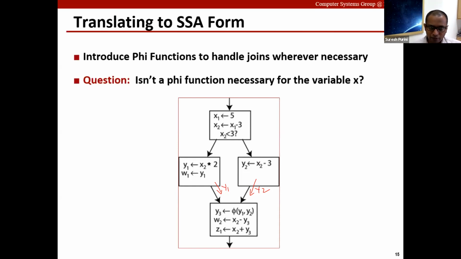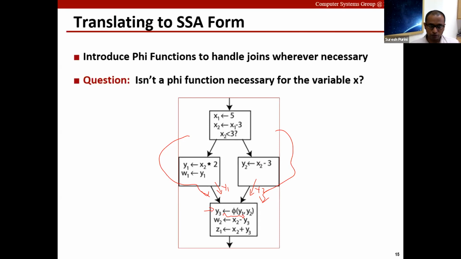When the program gets executed, if the control comes like this, then the value of the phi function is y1. And if the control comes like this, then the value of the phi function is y2. Here we are creating a new definition y3, and this y3 is what reaches this use of y.